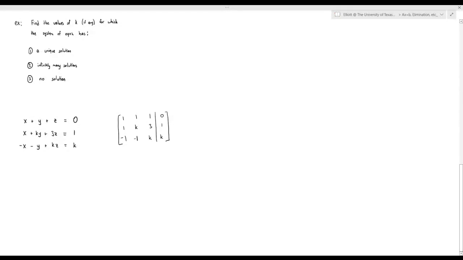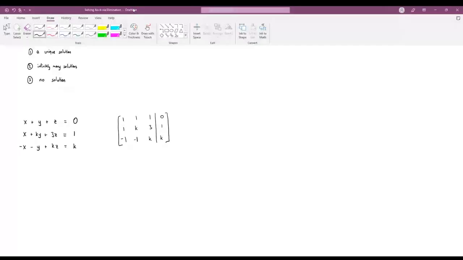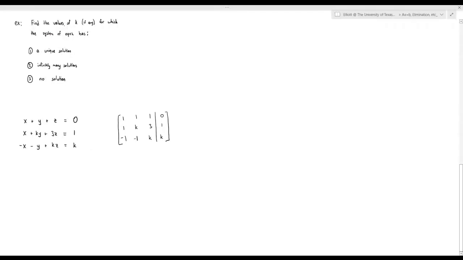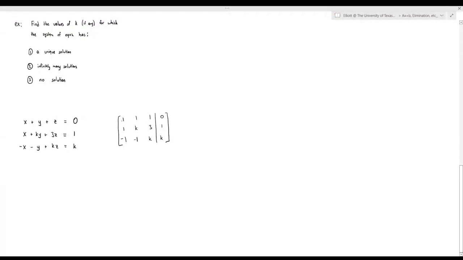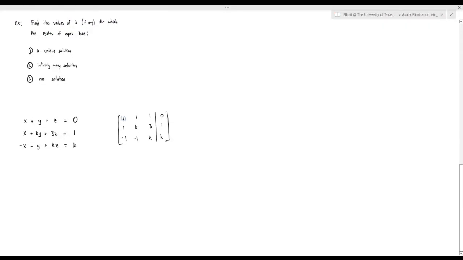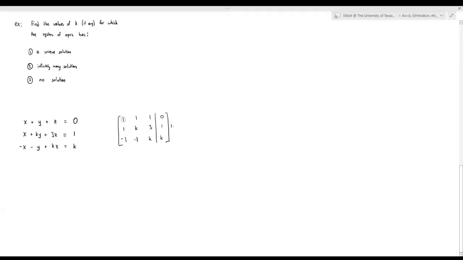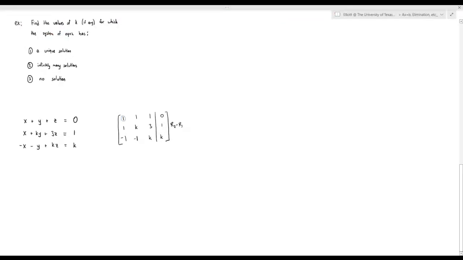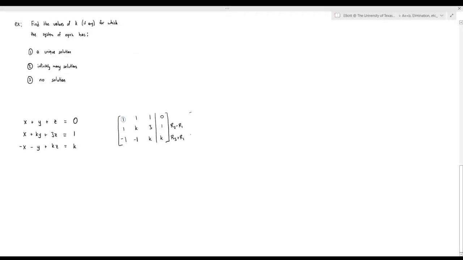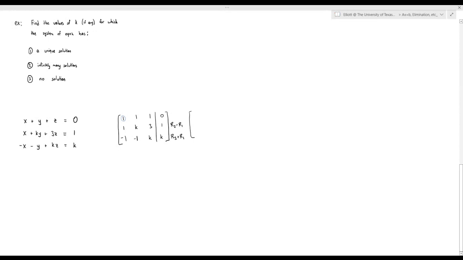Okay. So don't worry too much about the k's, just do elimination. Like here we have a pivot. We want to eliminate everything underneath it. So I'll start by doing row 2 minus row 1 and row 3 plus row 1. That will get rid of these guys in the first column.